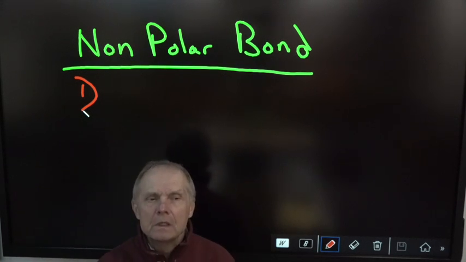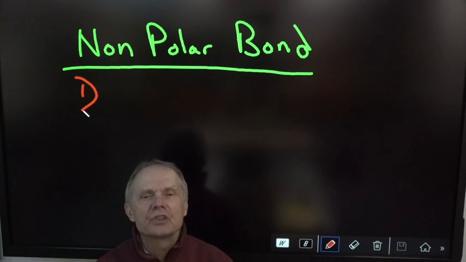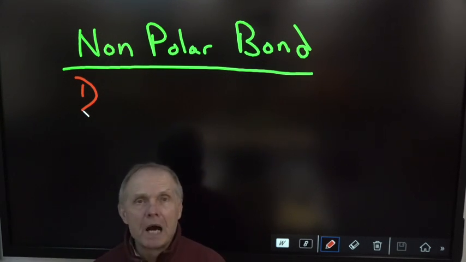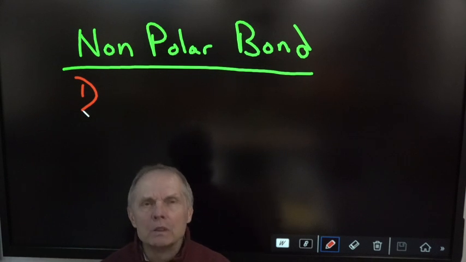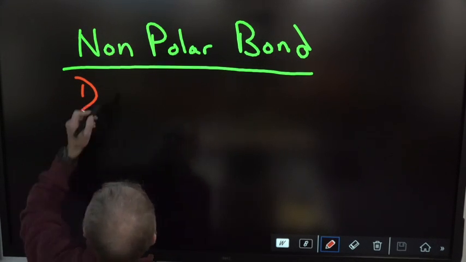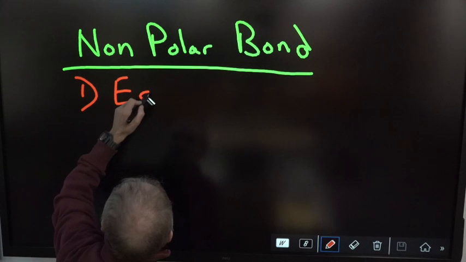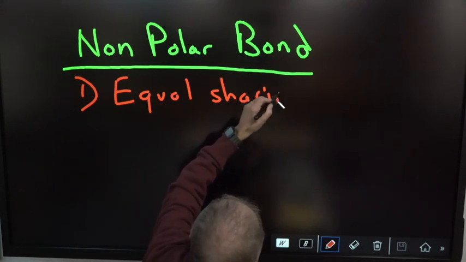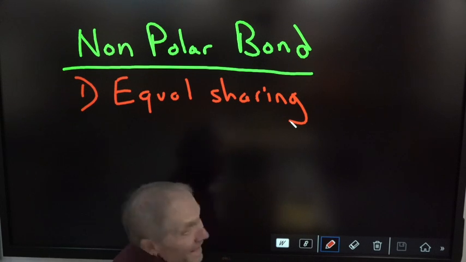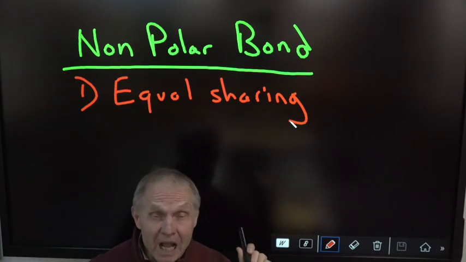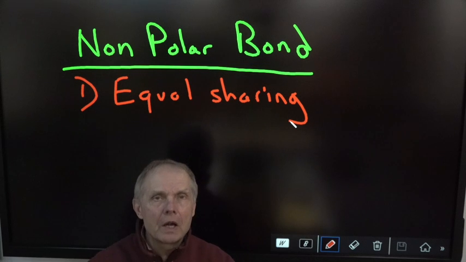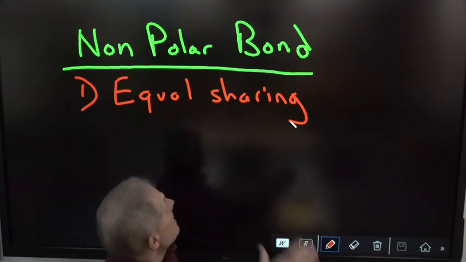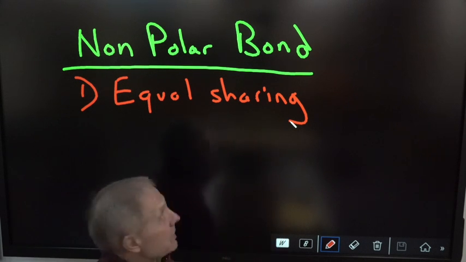So if polar bond is unequal sharing, nonpolar bond must mean equal sharing. And this is the easiest bond, nonpolar bond, because there are only 7 examples. That's it. Nonpolar bond. So here's the definition.